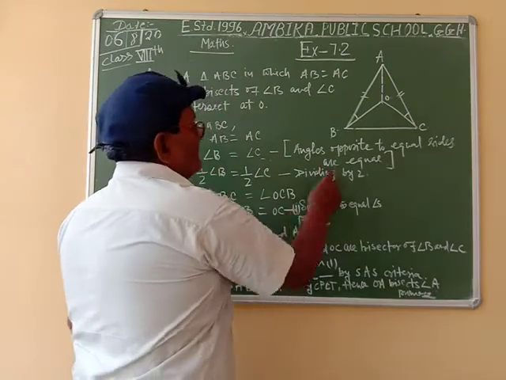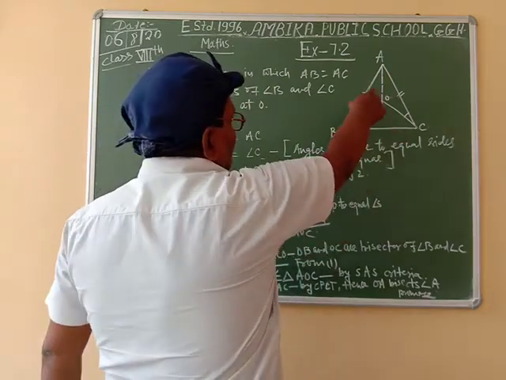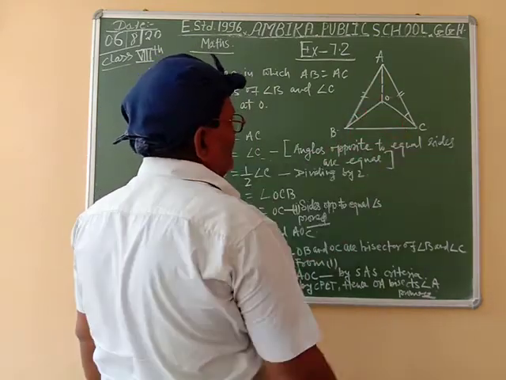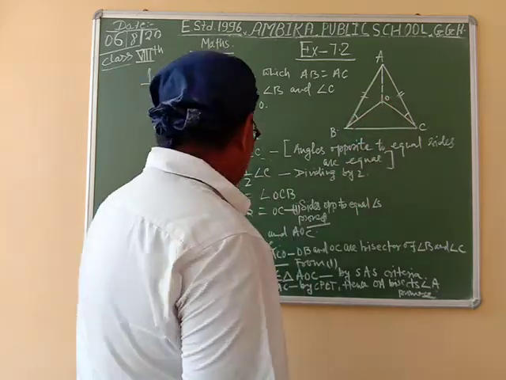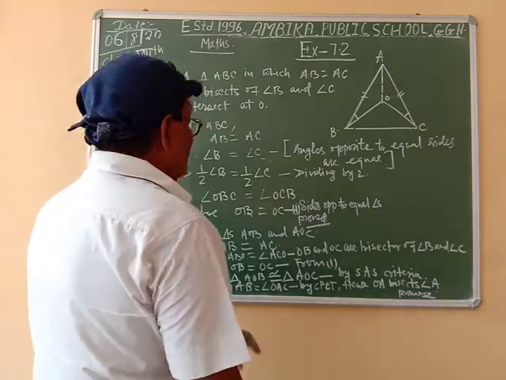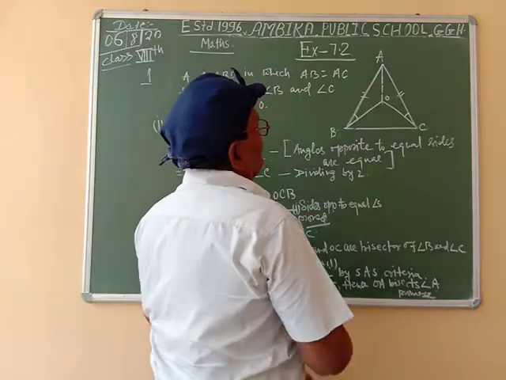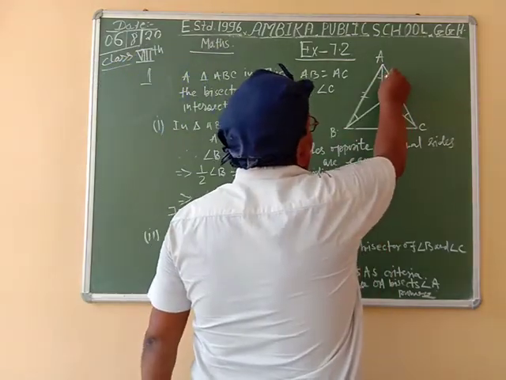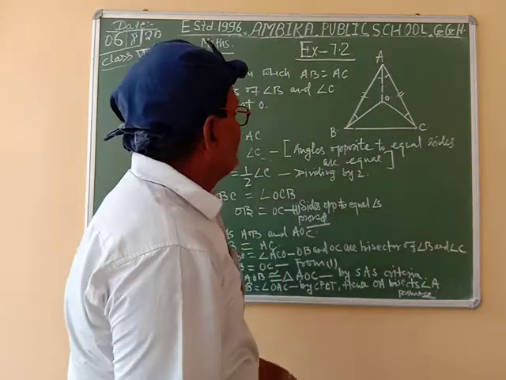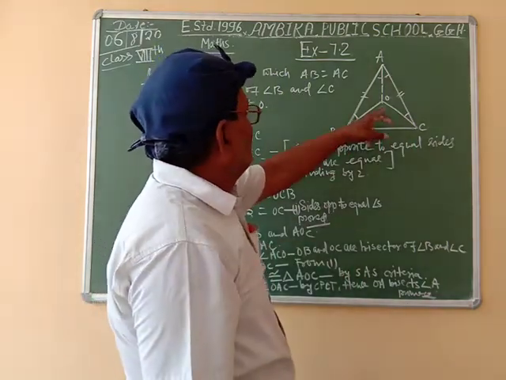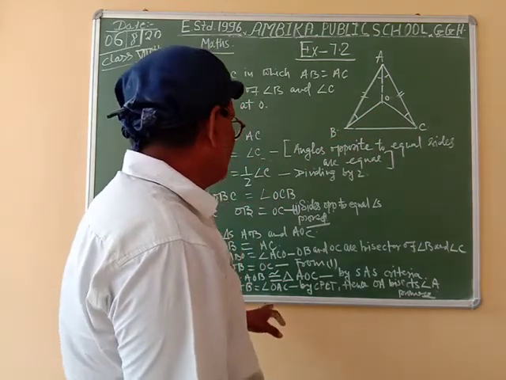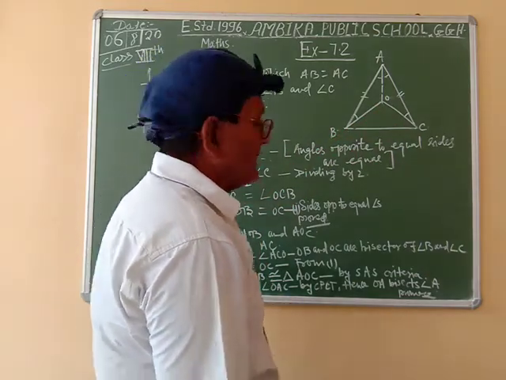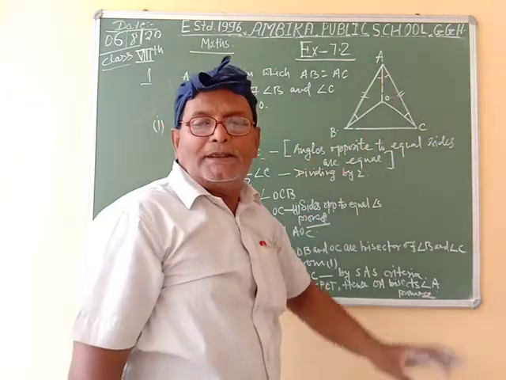So triangle AOB is congruent to triangle AOC by SAS criteria. Therefore, angle OAB is equal to angle OAC by CPCT, hence OA bisects angle A.